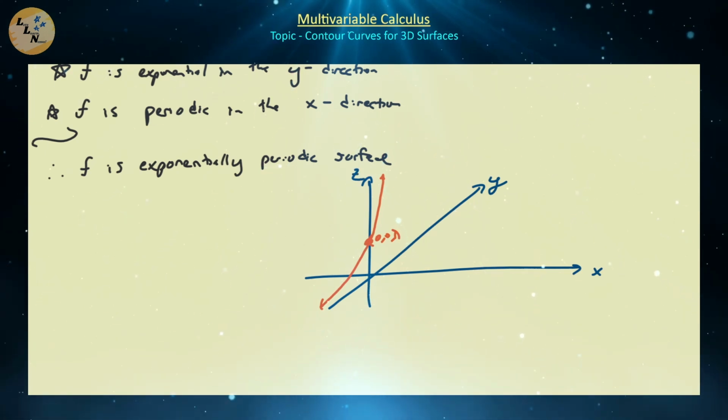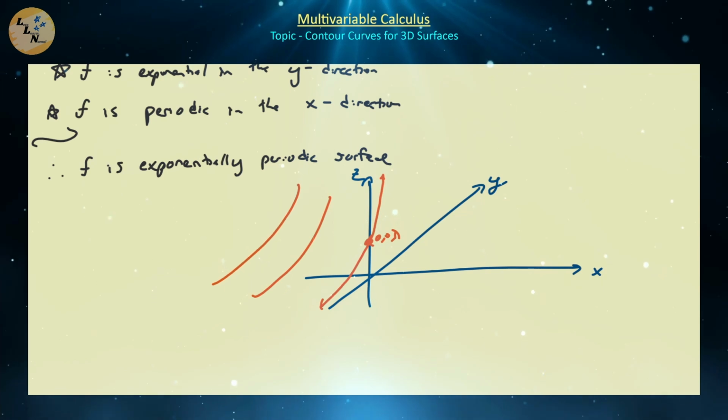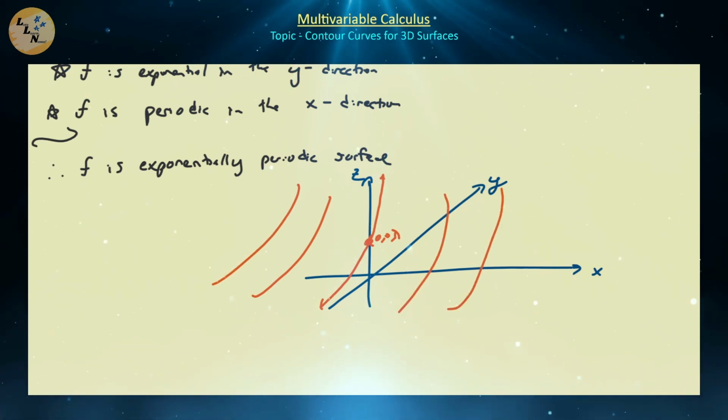And then you're going to have a bunch of parallel curves that are, some are going to be slightly above this and some are going to be slightly below this, right? But let's just draw a bunch of exponential curves that are going upwards, right? So they're, at least in some sense, bounded parallel exponential functions. And then along the x direction, keep in mind this is a periodic function in the x direction.